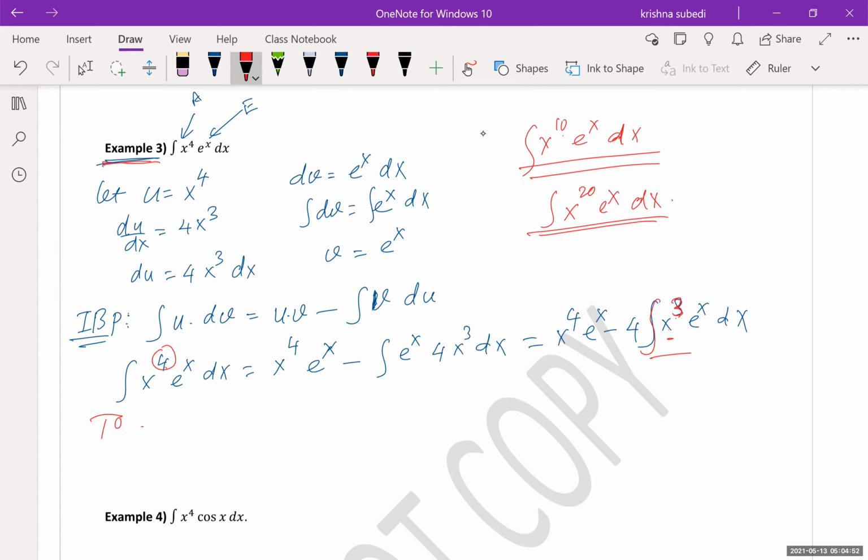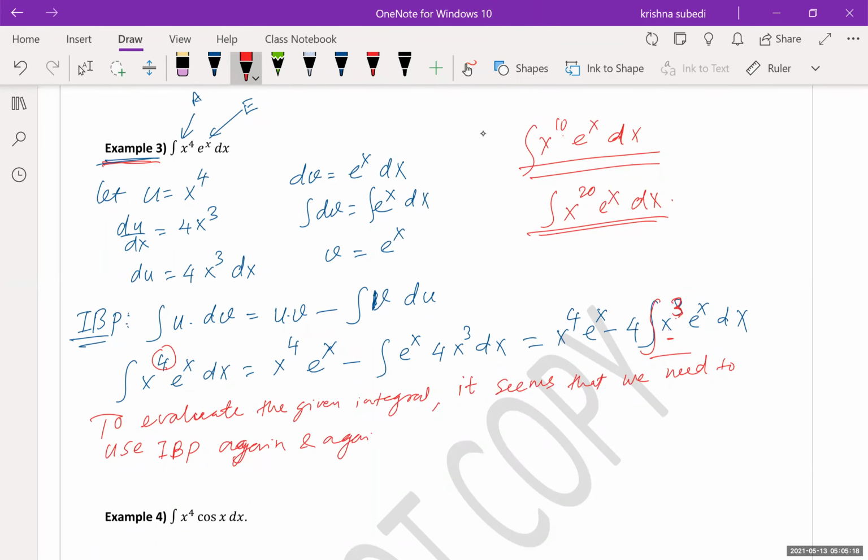So to evaluate the given integral, it seems that we need to use IBP again and again for another 3 more times, which is really time consuming.